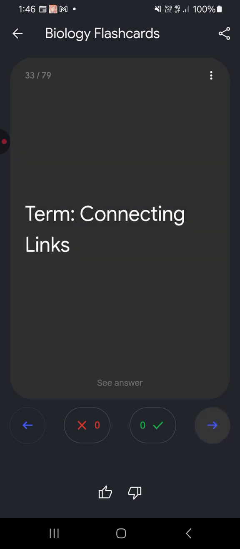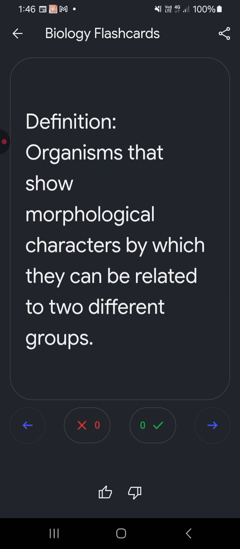Define the term connecting links. Organisms that show morphological characters by which they can be related to two different groups.